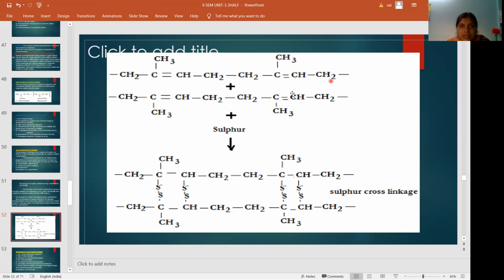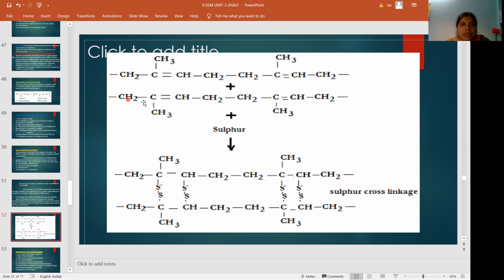The structure below is the same as above, but you remove the double bonds and keep sulfur atoms. Here one sulfur, only one sulfur, here one sulfur, here one sulfur. So that is sulfur cross linkage.